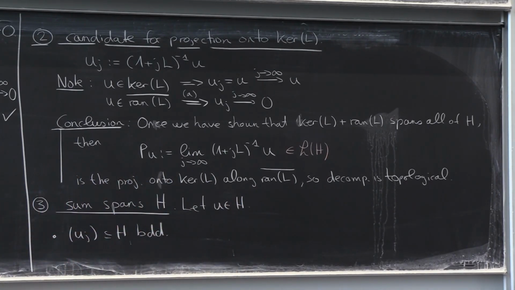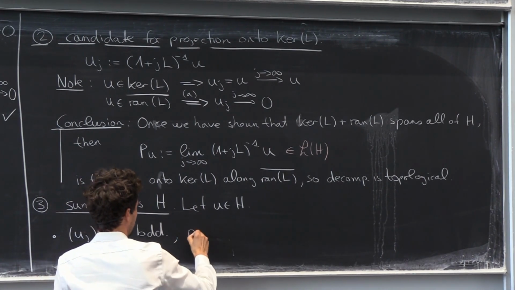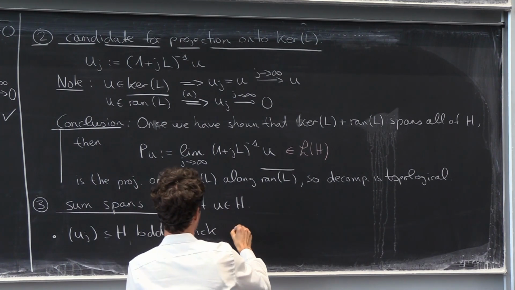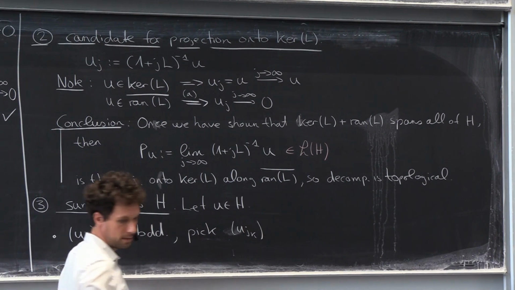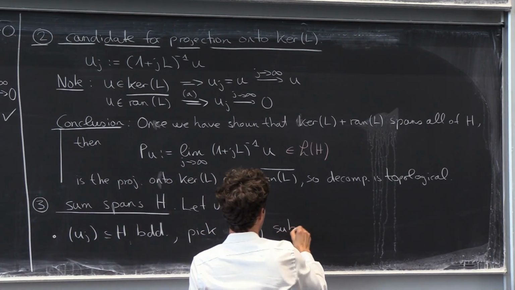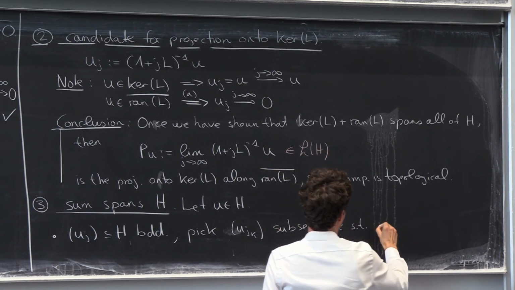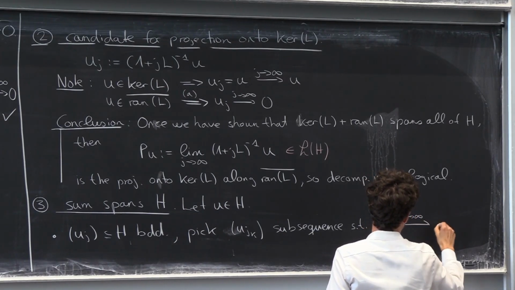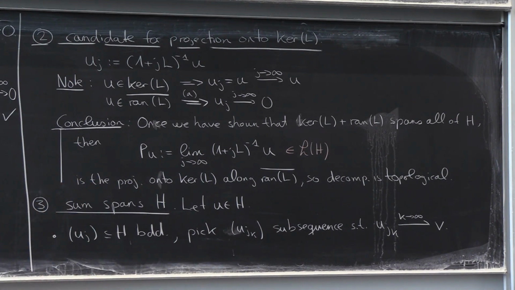Okay? So let u in H. u_j is a bounded sequence in the Hilbert space, so I don't know that it converges. I don't know it has a convergent subsequence, but I know that it has a weakly convergent subsequence. Okay? So pick a subsequence u_{j_k} such that u_{j_k}, as k goes to infinity, converges weakly to some element that I'm going to call v.